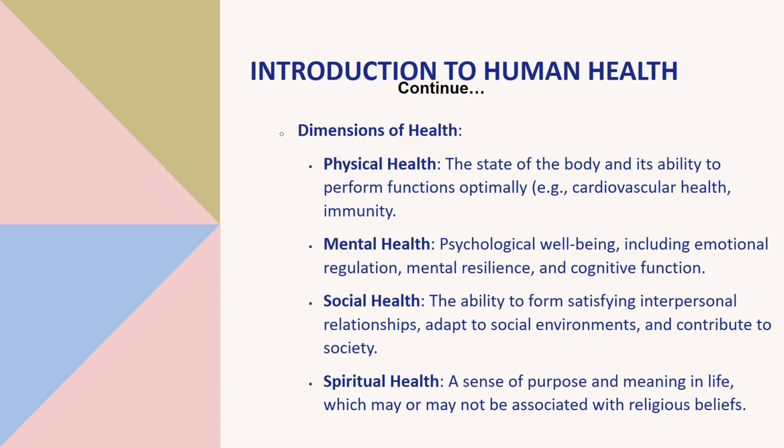Social health is the ability to form satisfying interpersonal relationships, adapt to social environments and contribute to society. Spiritual health is a sense of purpose and meaning in life, which may or may not be associated with religious belief.